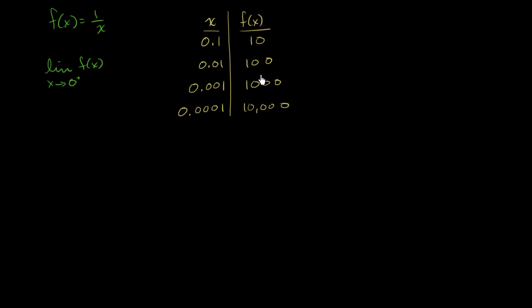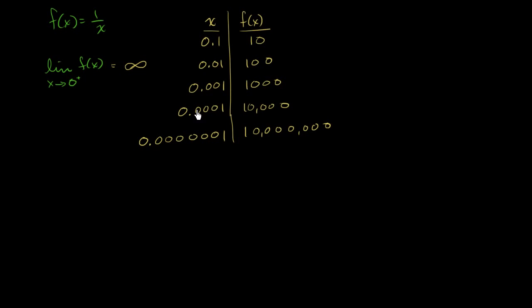So what we say here is the limit of f of x as x approaches 0 from the positive direction is going to be equal to positive infinity, or we could just write infinity. If we put something really, really close, so if we say 0.1 with 7 digits behind the decimal place, then 1 over that's going to be 1 with 7 zeros.